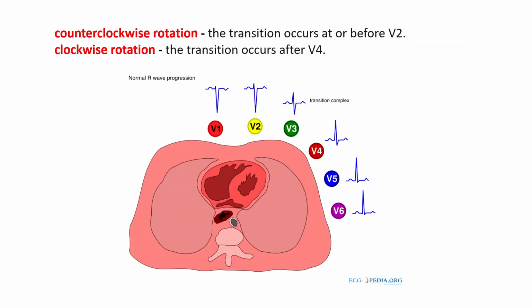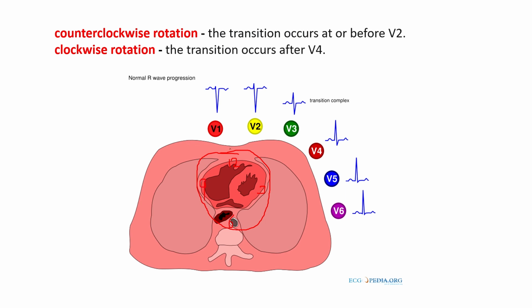So we have something else you might have heard from here or there, that's clockwise or counterclockwise rotation. And the concept is simple. If we can just imagine the heart as a clock, for example, if this is the heart and I will draw a clock around it, this is 12 o'clock, 3, 6, 9.